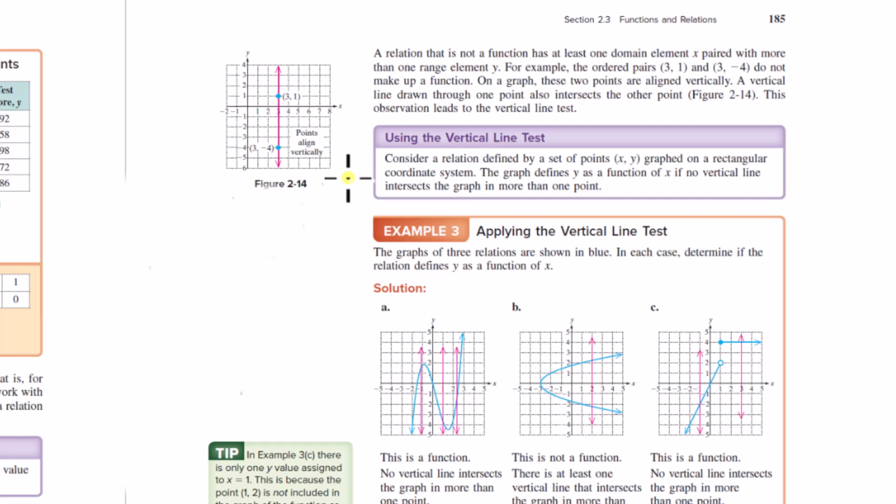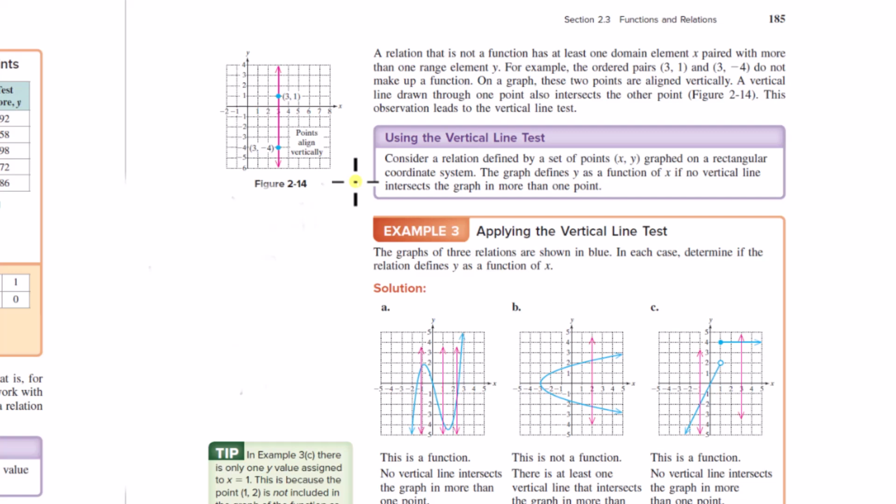We can test that graph using what's called the vertical line test. And what they're saying is that if you can draw any vertical line anywhere on the graph of a relation, and just one vertical line passes through more than one point, then it's not a function. And that makes sense because if you're drawing a vertical line, then that line is fixed on an x value.